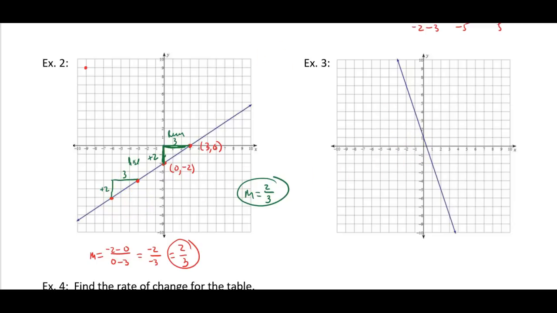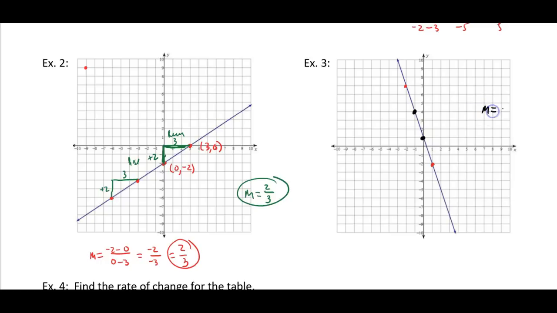So when we go to do the next one over here, I'm first going to find all the nice points. There's 1, there's 2, there's 3. As I go down, there's another one. So I pick any 2 points, it doesn't matter. If I want to use this point and this point, I'm going to take my journey from the point on the left to the point on the right. And I always move up or down first because it's rise over the run.